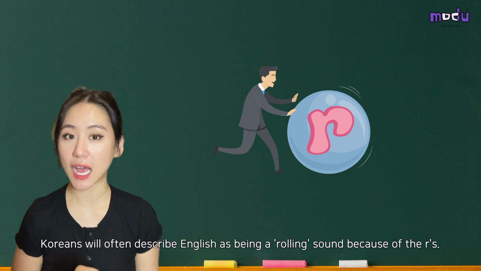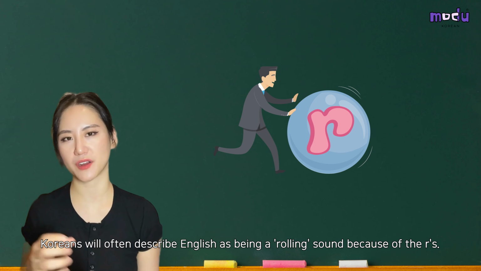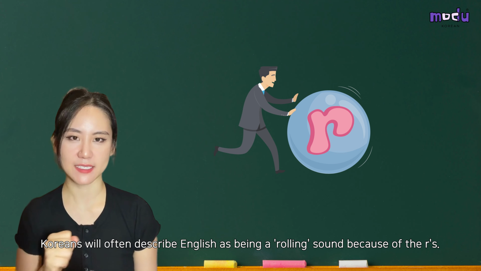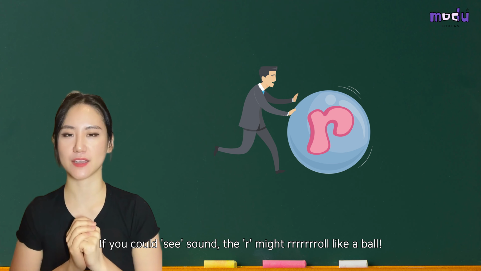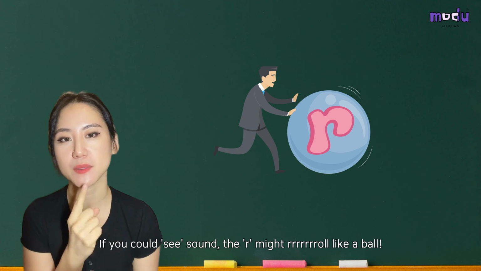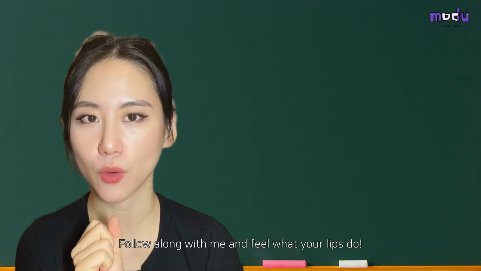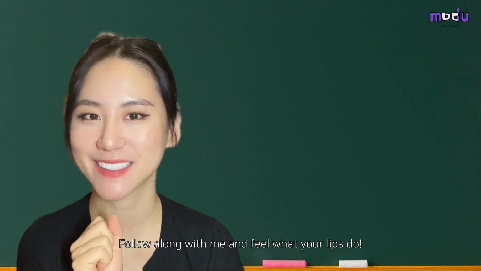So the English R is what Koreans will call a very rolly sound. What I mean by that is if you look at an R word, like let's say roll, right? That rolling sound comes from your lips. Roll, roll. Or rabbit, rabbit, right?